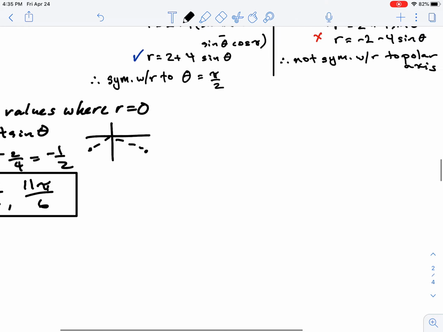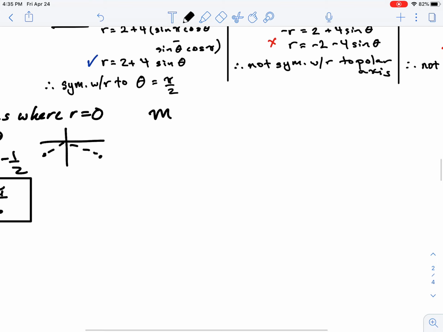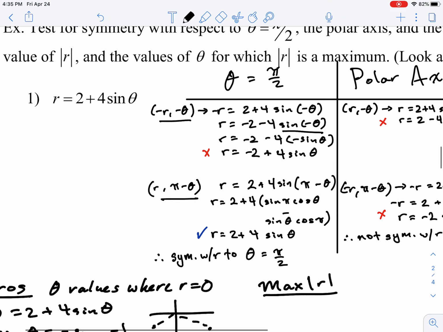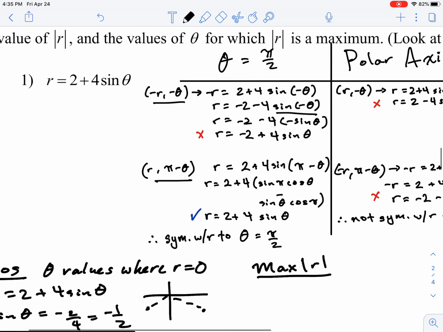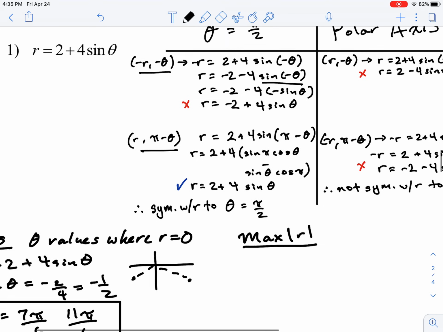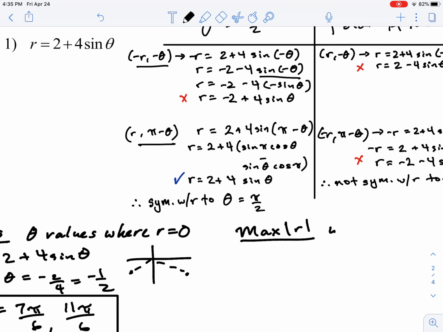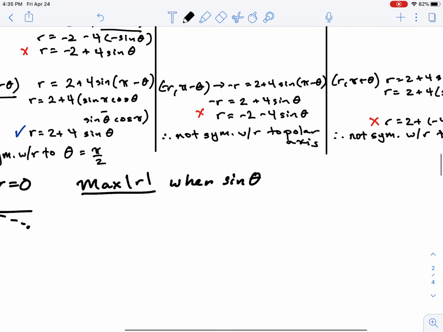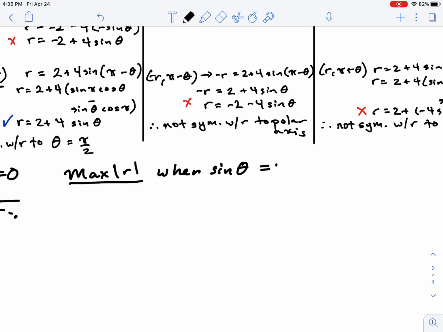Now let's find our maximum absolute r values. For our polar equation, r is equal to 2 plus 4 sine theta, the maximum value is going to occur when sine of theta is either equal to positive 1 or negative 1.